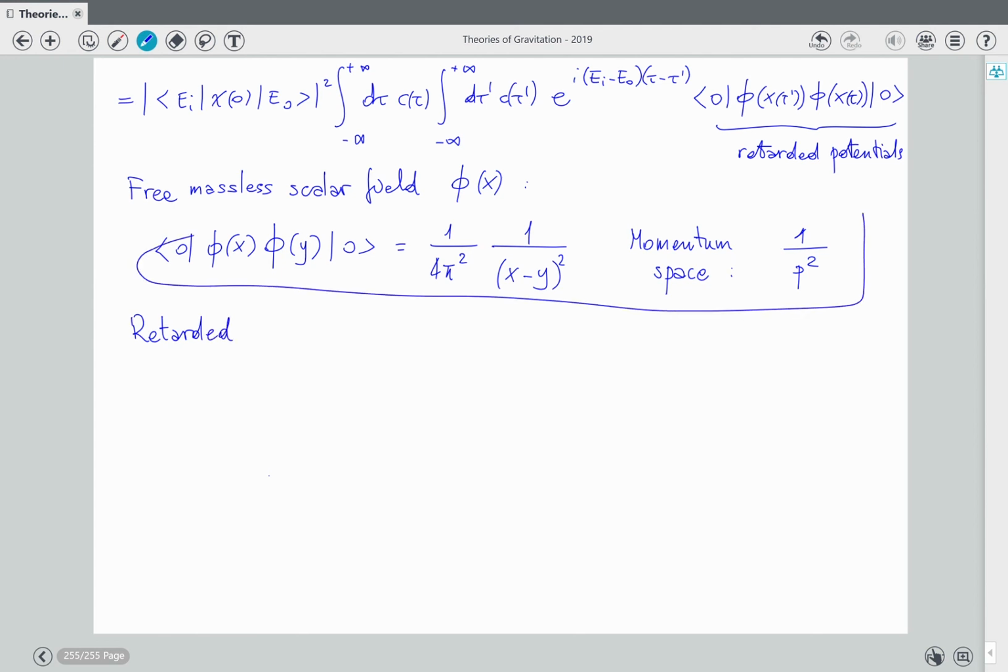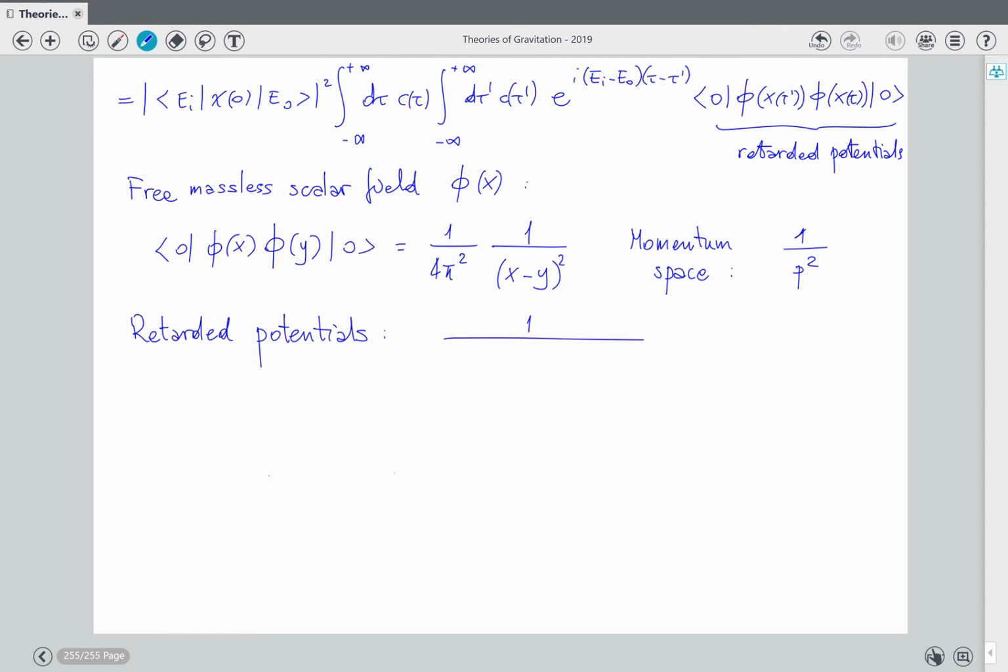So here in this formula I didn't write any prescription for 1 over p squared, but we have to supplement this with the correct prescription. So for example, in momentum space, that means that p0 has a plus i epsilon squared and the advanced potentials have minus i epsilon squared.